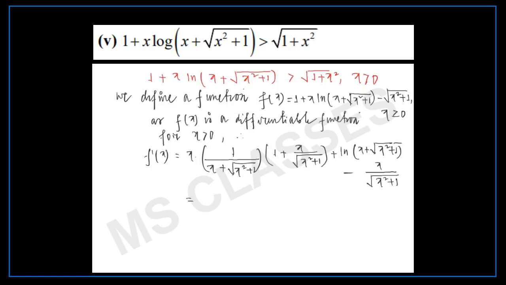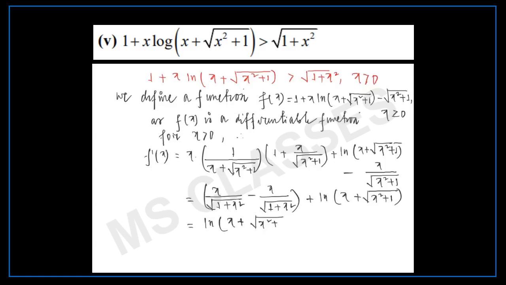On further simplification, we get x by root over of 1 plus x square minus x by root over of 1 plus x square plus ln x plus root over of x square plus 1. This gives us ln x plus root over of x square plus 1. Now here x is greater than 0.